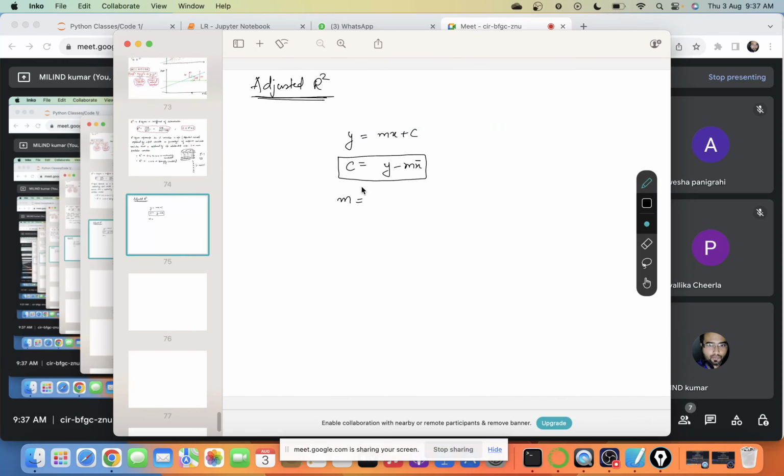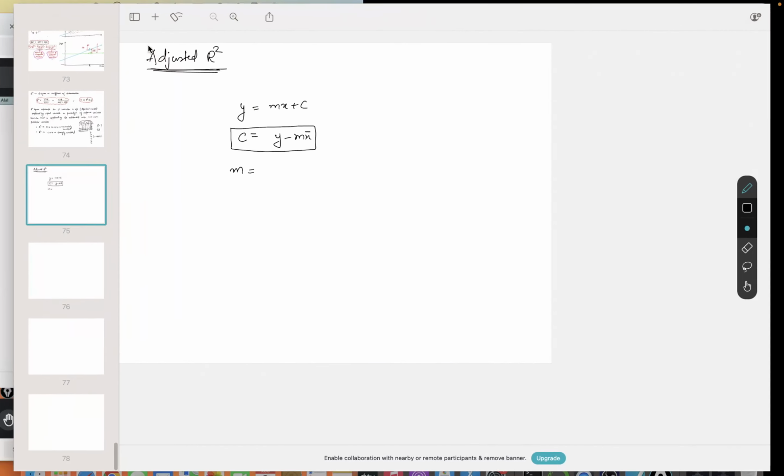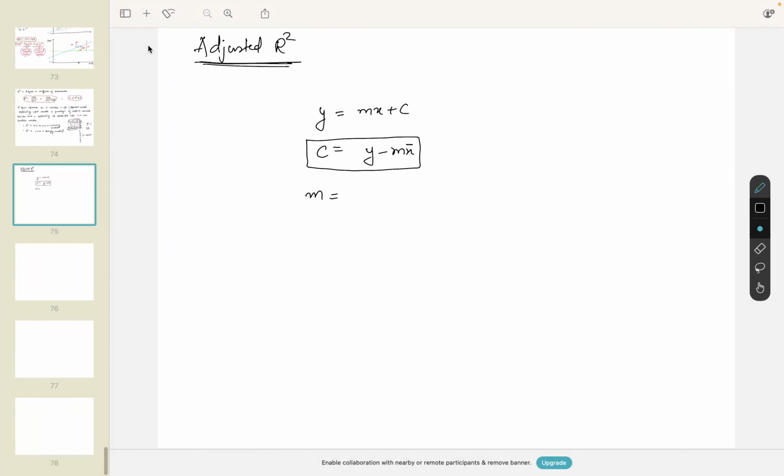So see, why I wrote mx bar over here: because this y will be like this one. For the x1 value, this will be the y1 value. For the x2 value, this will be the y2 value. For the x3 value, this will be y3.